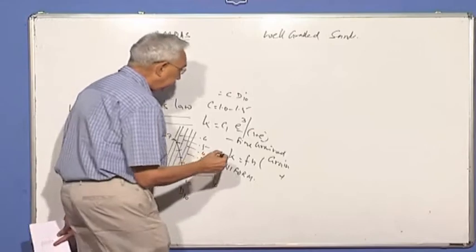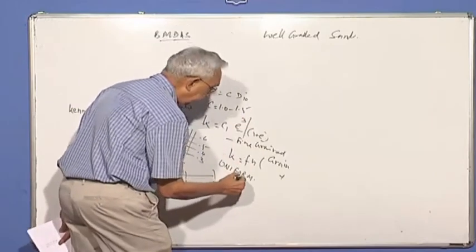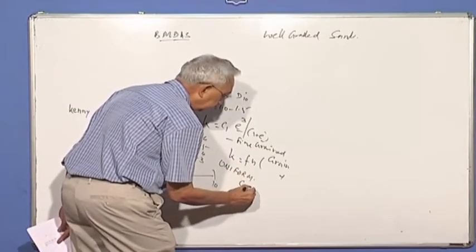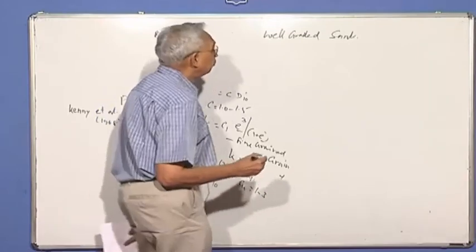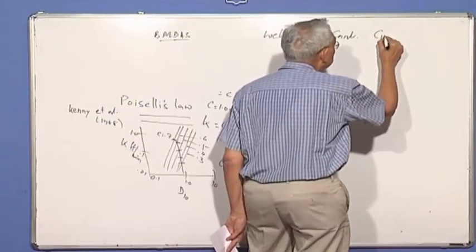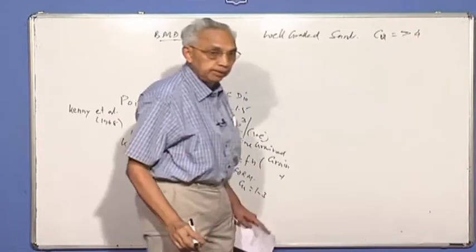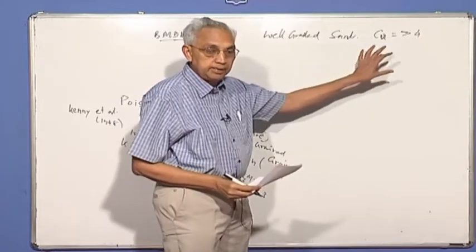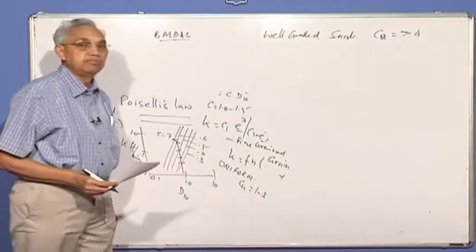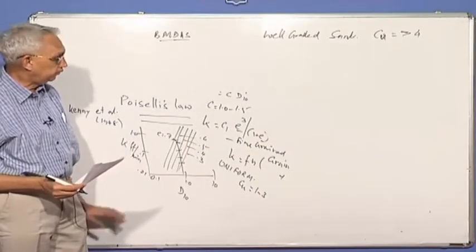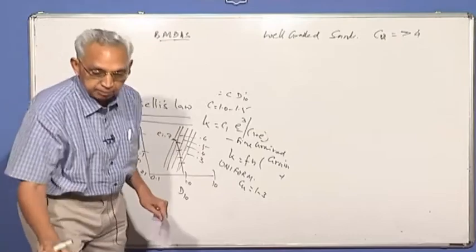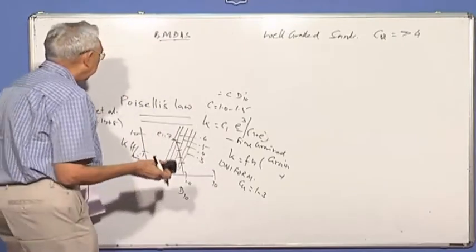If you remember, uniform means poorly graded, CU is somewhere between 1 to 3. Well graded means the coefficient of uniformity is greater than 4. So if you have well graded soil, you have one correlation, and for poorly graded or uniformly graded, we have another formulation or empirical relation.